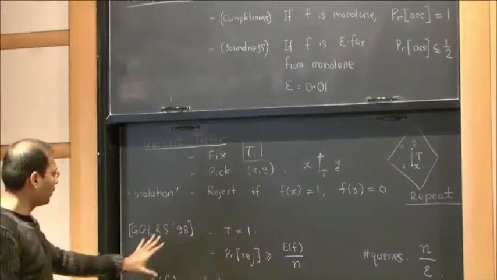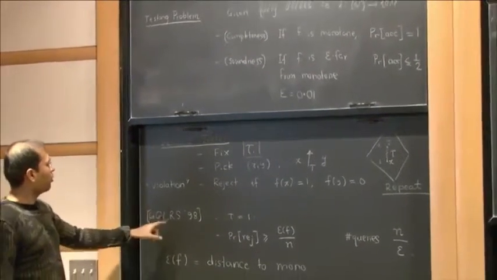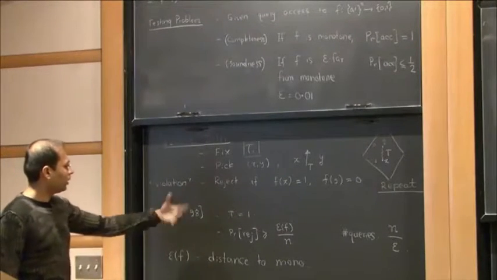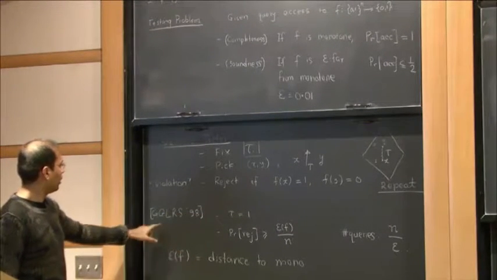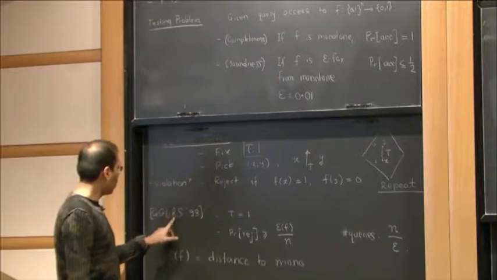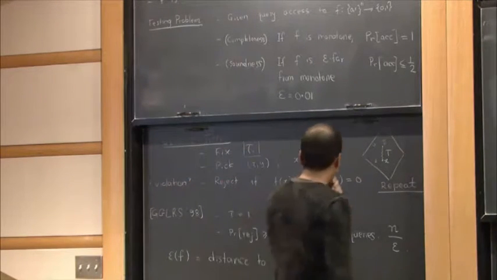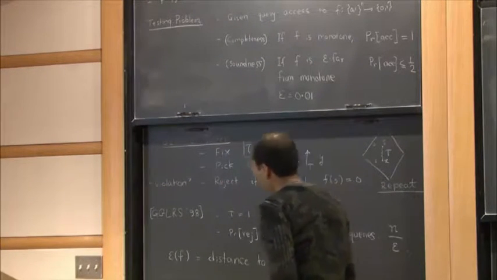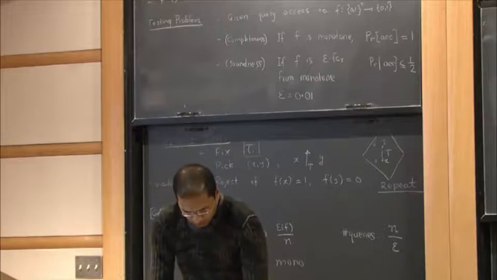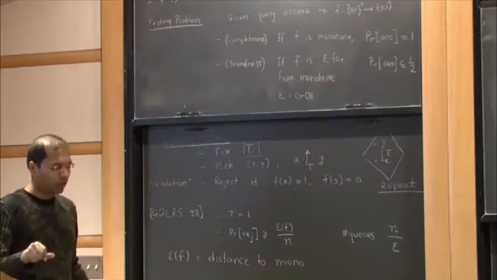Okay, and this tester, the problem was proposed and the tester was analyzed in a paper of Goldreich, Goldwasser, Lehmann, Ron, and Samorodnitsky in '97, '98. After this paper, there was much progress in many different directions.